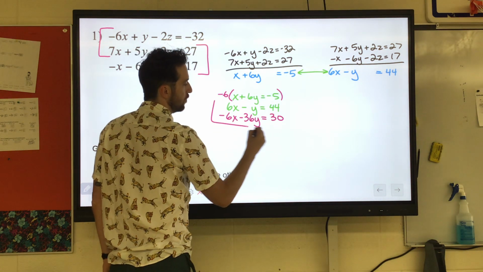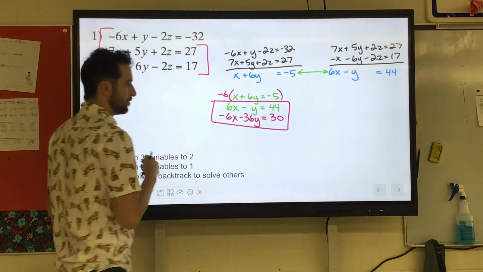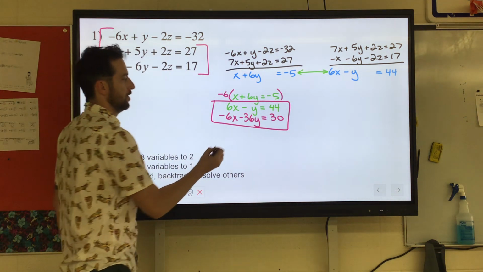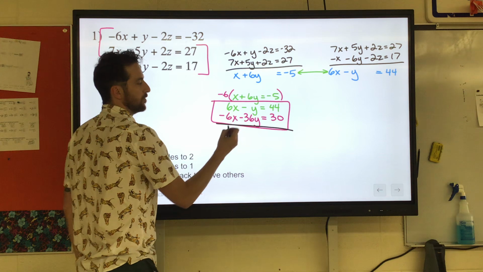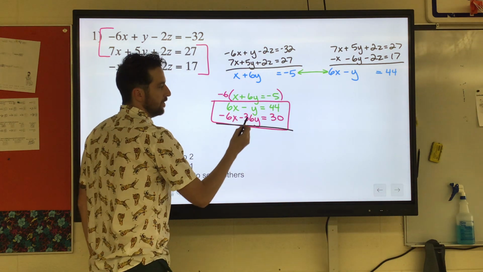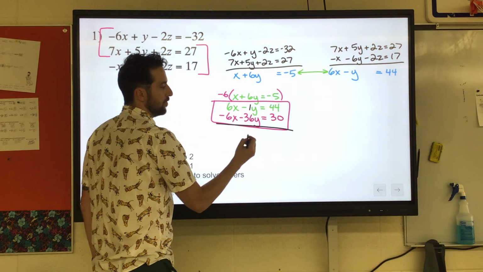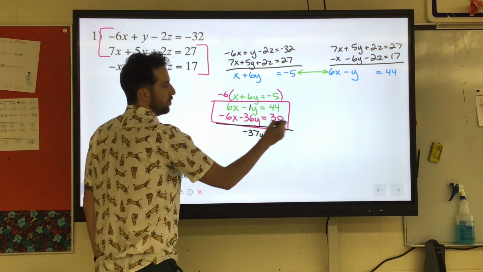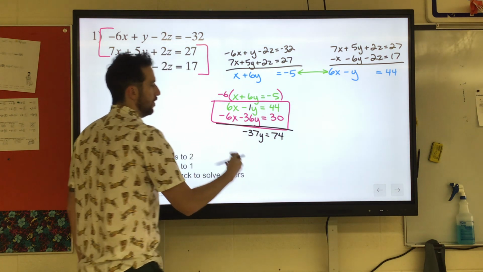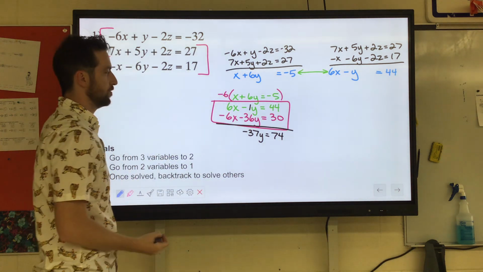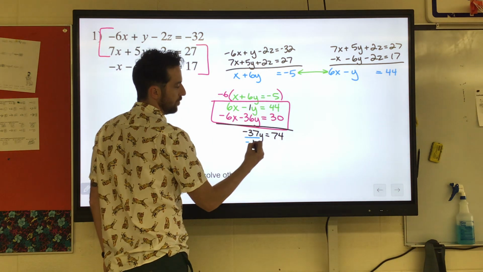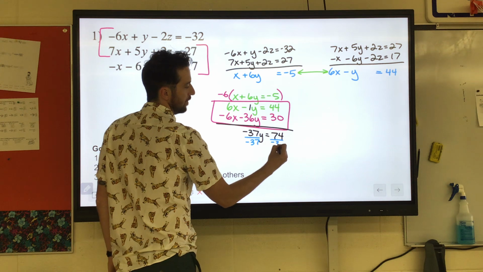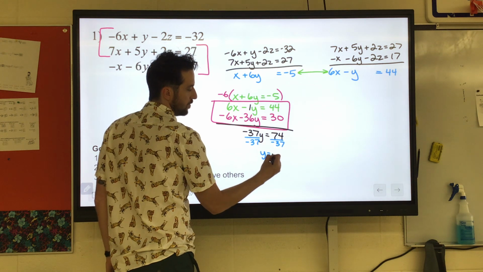So here's what we're looking at now. 6x minus 6x, gone. Negative 1y and negative 36y is negative 37y. 44 plus 30 is 74. All of that to get there. So we're going to divide both sides by negative 37, and we get y equals negative 2.